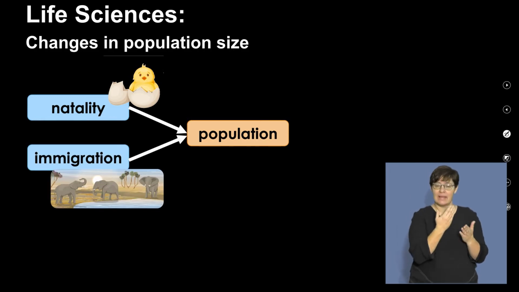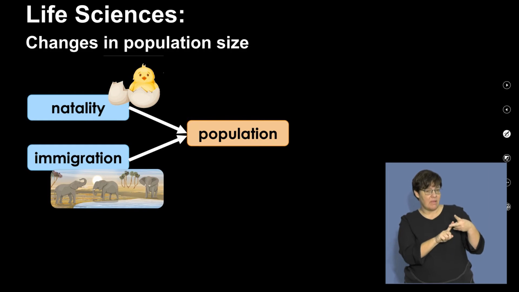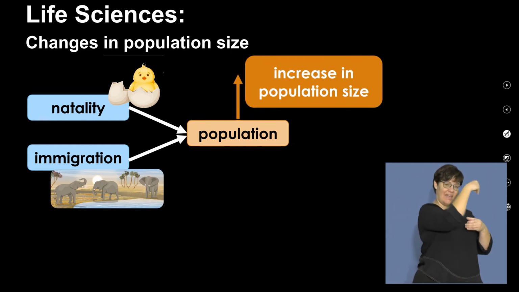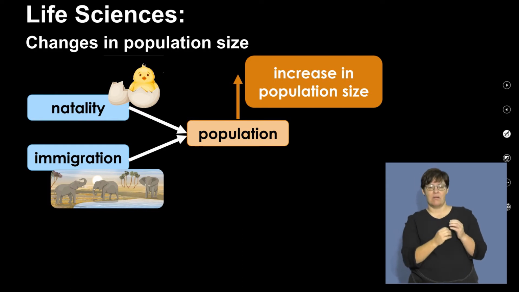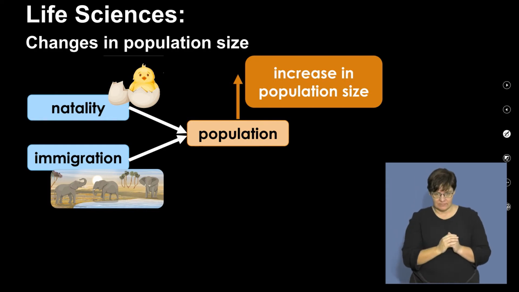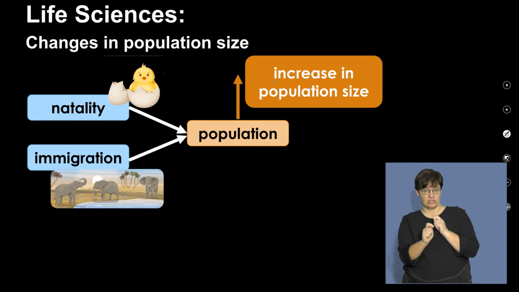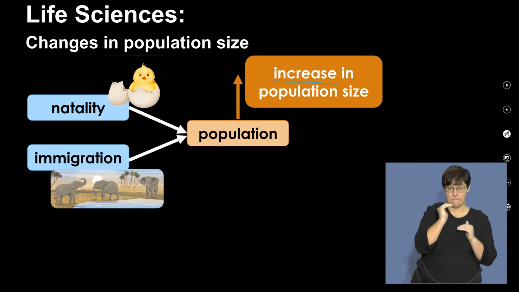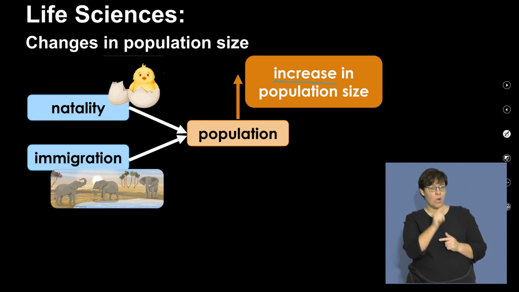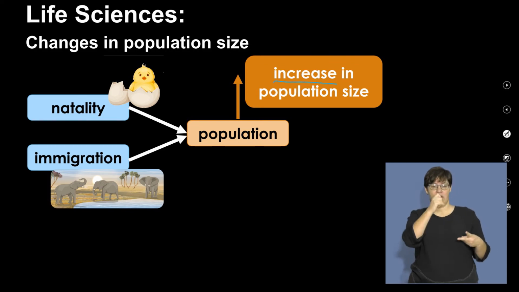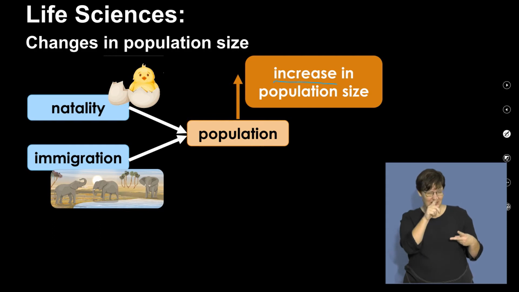In the same way, immigration, or individuals coming from elsewhere, will also have the effect of increasing the population size. So if we're talking about increase, we're looking at the parameters of natality and immigration.